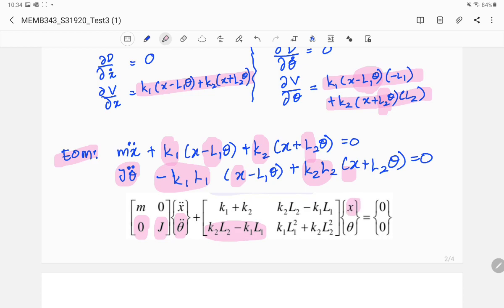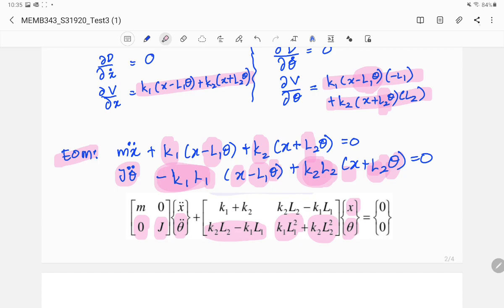And then you look for the theta term as well. The theta term is positive k1 times L1 squared, which is this term times negative L1, and then you also have this term k2 L2 times L2, so you have k2 L2 squared there for your theta. So that's how you arrange the matrix, and you get the same equation as in the question.